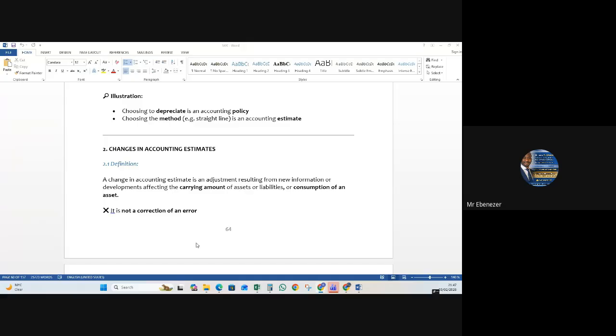When you adjust a result because of new information you've gotten, or because of a new development that will affect the carrying amount you have, then in that case you can have a change in accounting estimate.